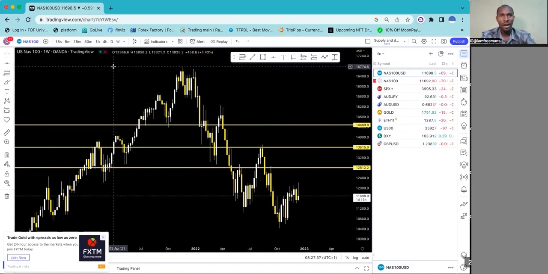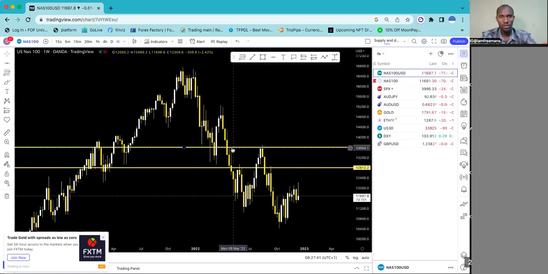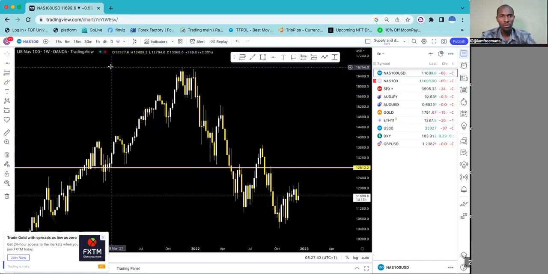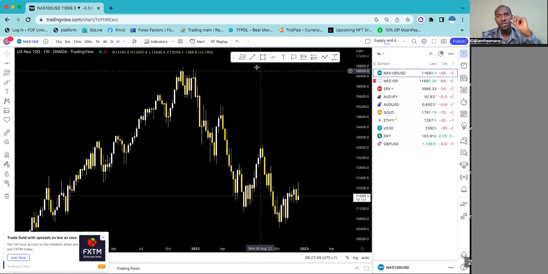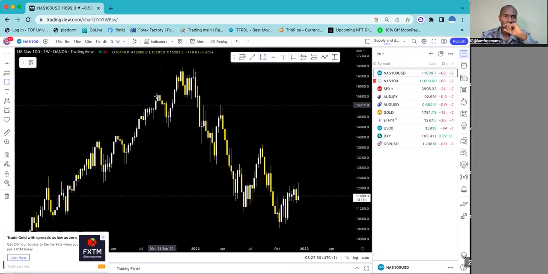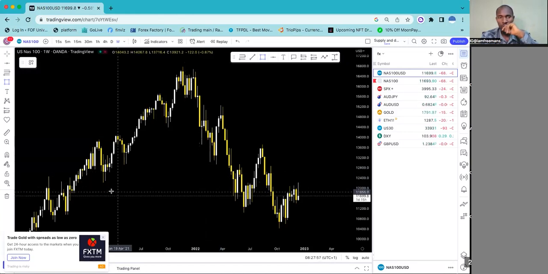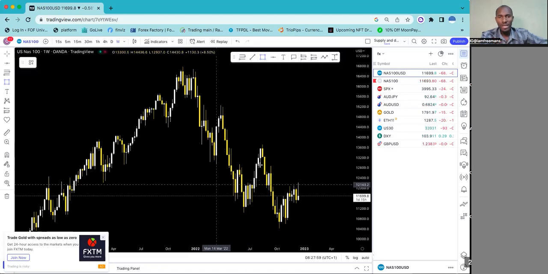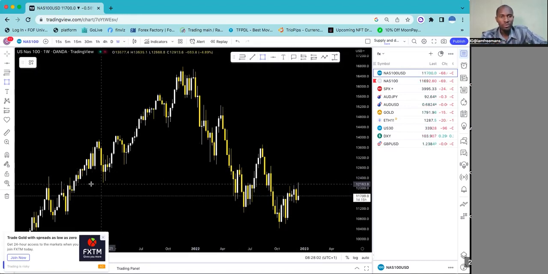I prefer using something else, which I'm going to show you. Of course, you've seen it on my own screen always, right? But I need you to know this: it is important that you do your key levels at a higher time frame, preferably monthly and weekly. Monthly and weekly is the preferred key levels for you, right?